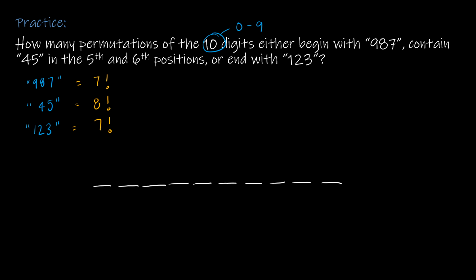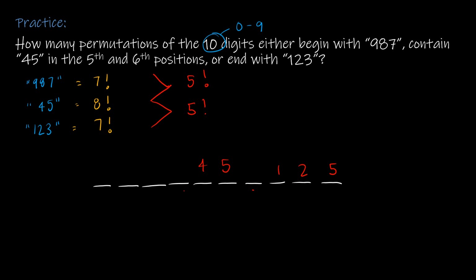So now I want to look at the intersection of the first 2 sets, which means it starts with 987 and I've got 4, 5 in the 5th and 6th positions, which means there's 5 spaces left to permutate. Then I'm going to find the intersection of 4, 5 and 1, 2, 3. So there's 4, 5 and 1, 2, 3, which means 5 positions are taken, which means there's 5 left over to permutate.